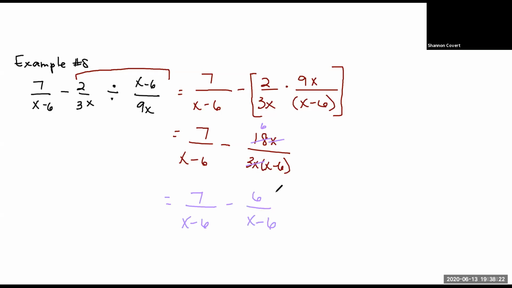This is nice. Did you notice how the denominator is now the same after all of that fun math that we just did? 7 minus 6 is 1. So our solution is 1 over x minus 6.